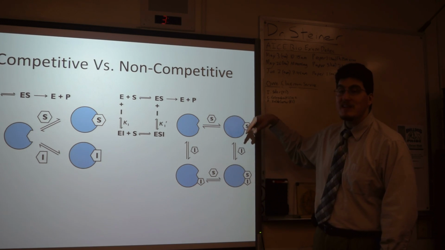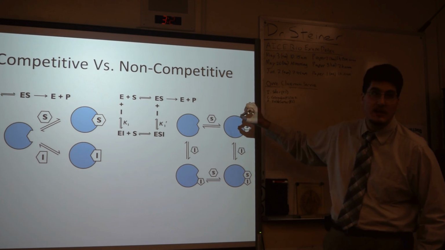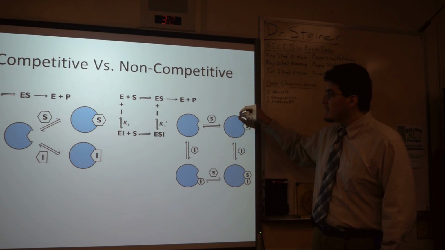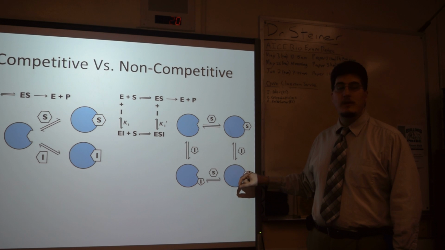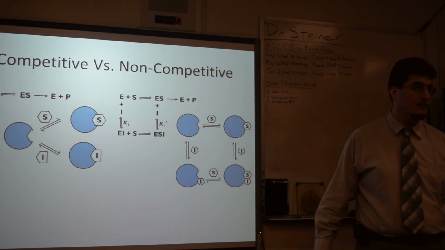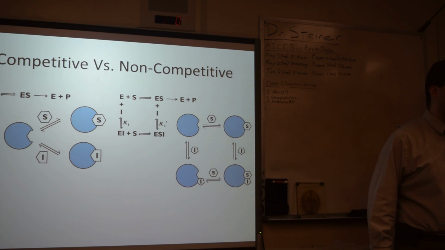The same way this enzyme substrate complex, if it doesn't move substrate to product, this inhibitor can react with ES to make ESI. ESI cannot change substrate to product. That is how a non-competitive inhibitor works.